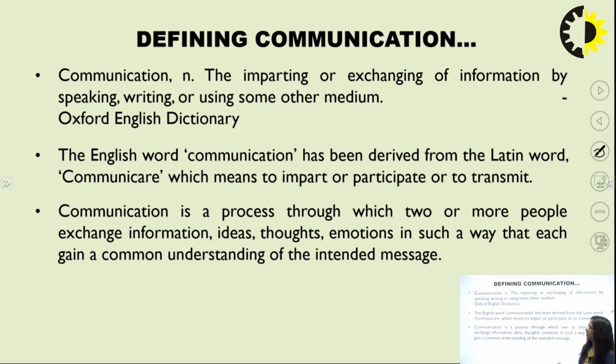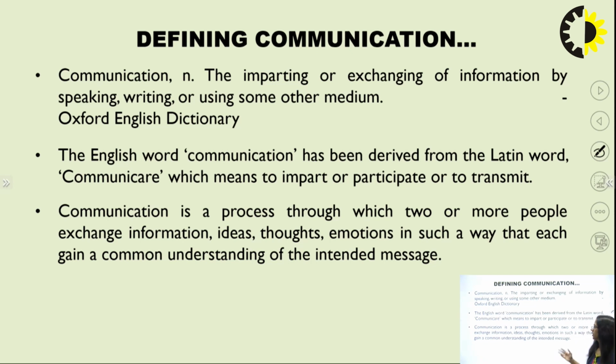So what is communication? Communication is the imparting or exchanging of information by speaking, writing or using some other medium. This definition has been taken from the Oxford English Dictionary. Communication is the successful conveying or sharing of ideas and feelings.